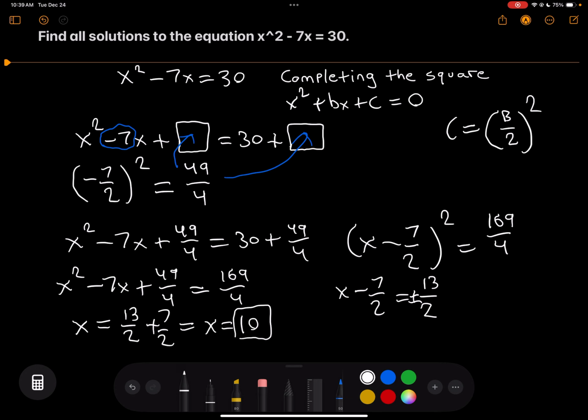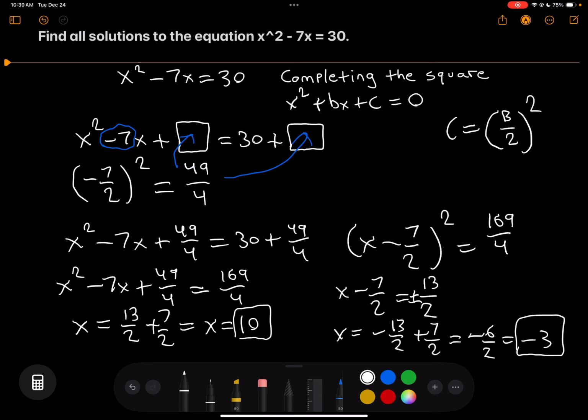Now assume that 13 over 2 is negative. We'd have x equals negative 13 over 2 plus 7 over 2, which is equal to negative 6 over 2, which is equal to negative 3. That's our second and final value. So we have successfully found all solutions to this quadratic equation, 10 and negative 3.